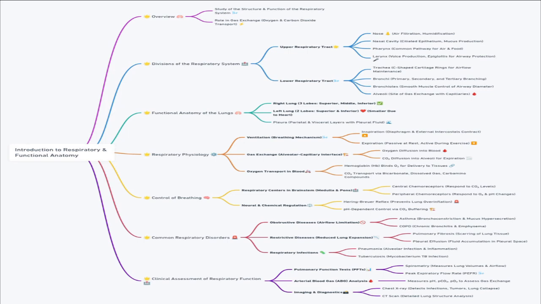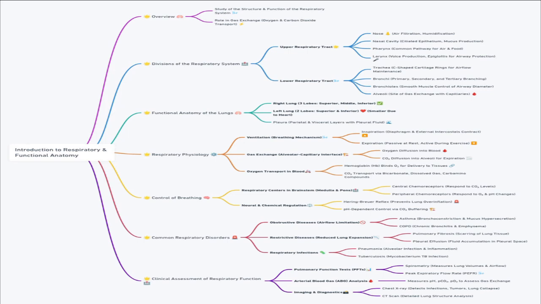Alright, so still on the respiratory functions of the respiratory system, the primary function is gas exchange, and by gas exchange, that is the exchange of oxygen and carbon dioxide between the environment and the blood. And the result is that there is a maintenance of the arterial partial pressure of oxygen, partial pressure of carbon dioxide, and pH within narrow limits.